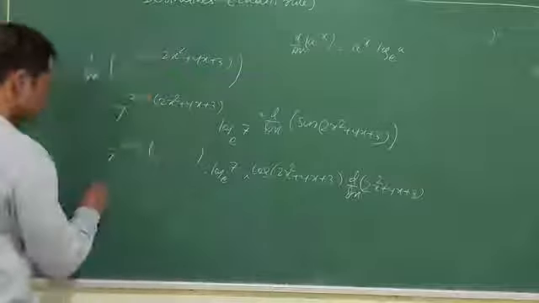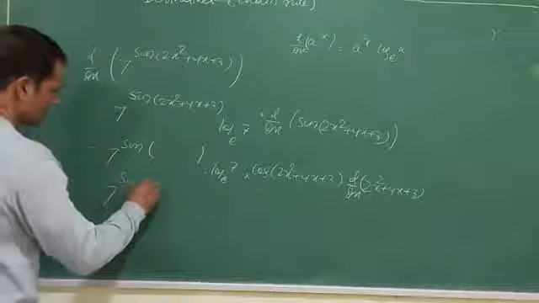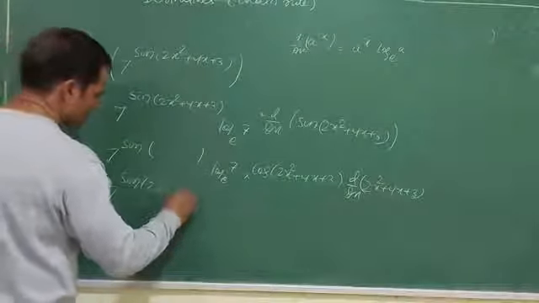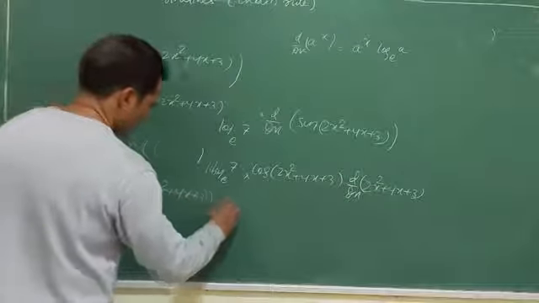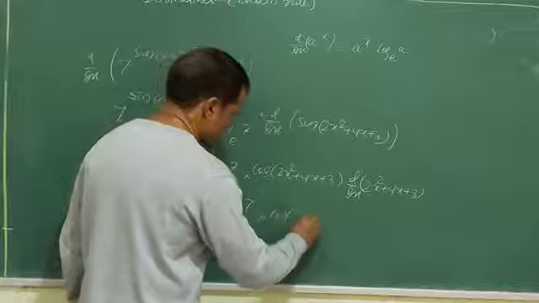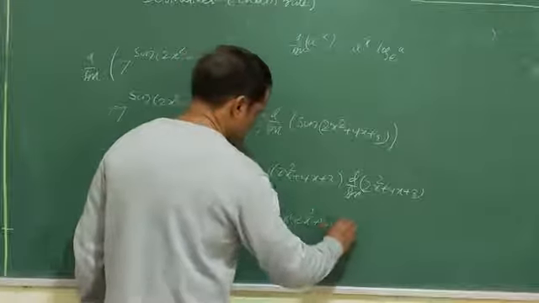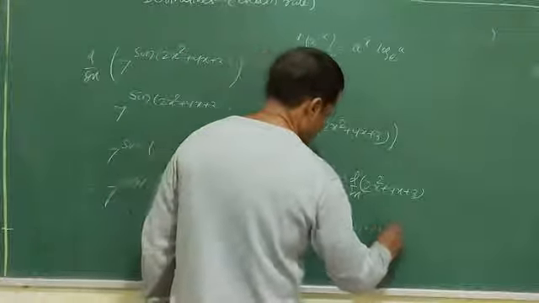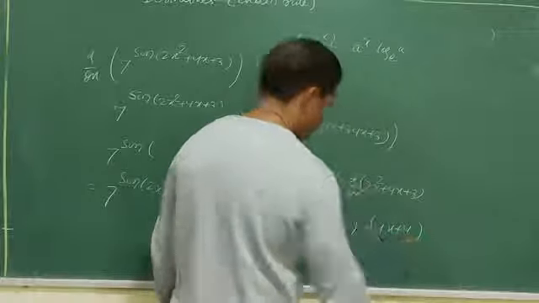That becomes your 7 to the power sin 2x square plus 4x plus 3, log e 7, cos 2x square plus 4x plus 3 into 4x plus 4. That's all.